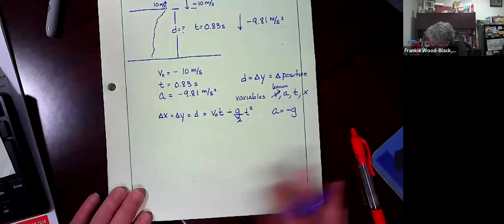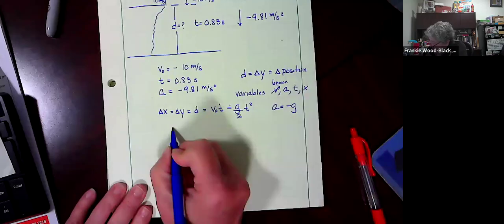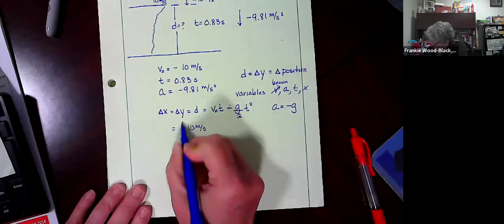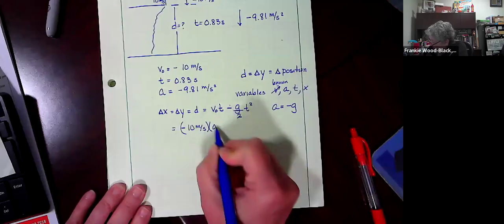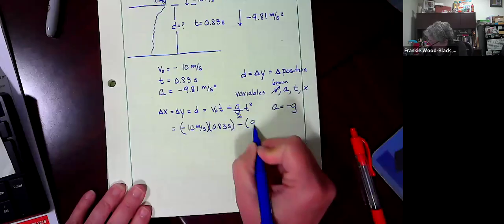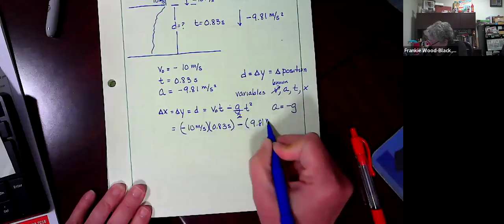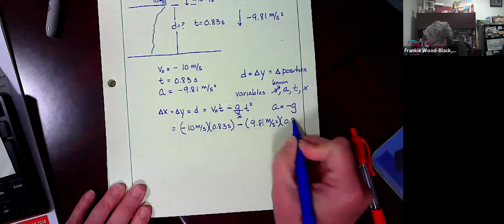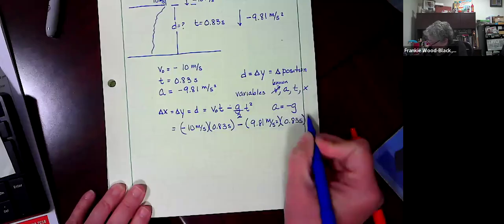So I'm going to have minus 10 meters per second times 0.83 seconds, minus 9.81 meters per second squared times 0.83 seconds squared, divided by 2.